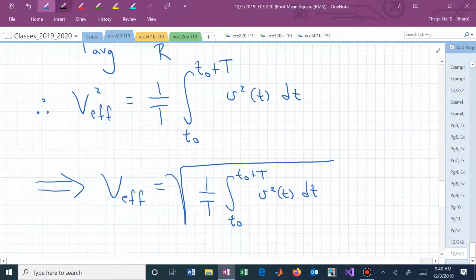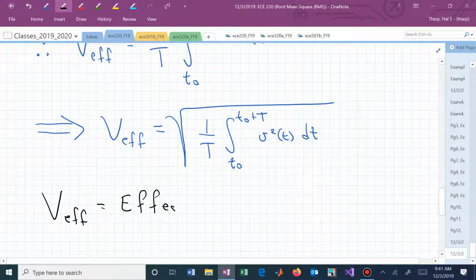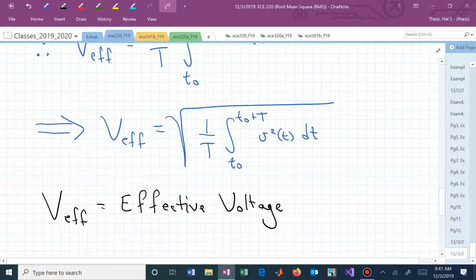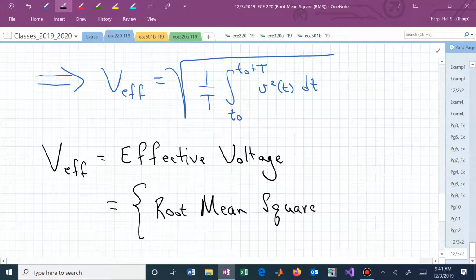And in fact, this effective voltage is what we've now tried to motivate, or define, as the RMS voltage. This is the square root of the mean of the square of v of t.